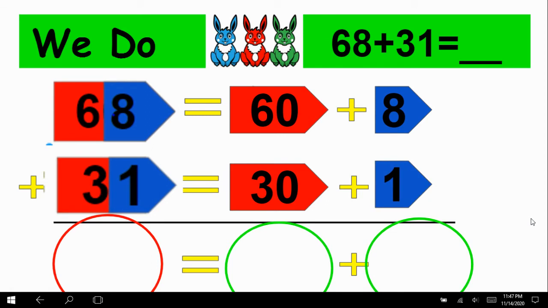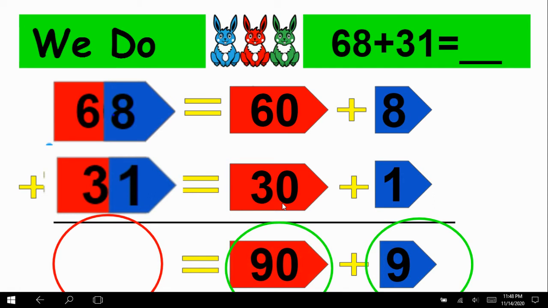Now the next step is that we add down, beginning with the ones place. 8 and 1 more makes, you're right, 9. And if you know that 6 plus 3 is 9, then you will know that 60 plus 30 is, you're right, 90.